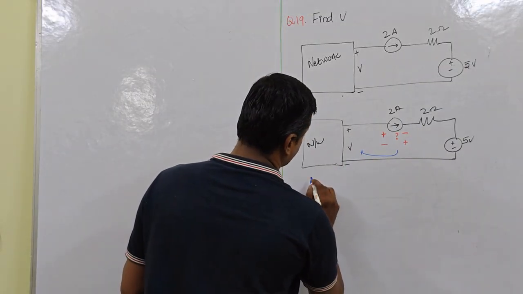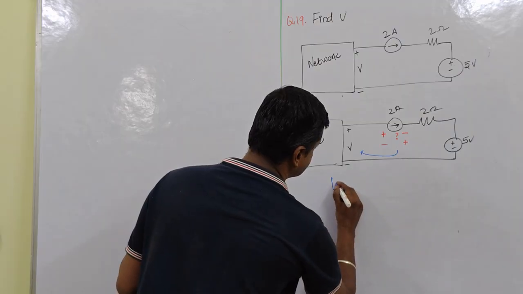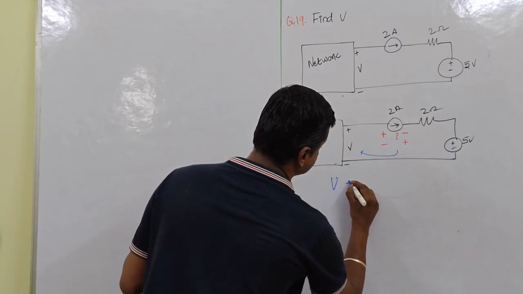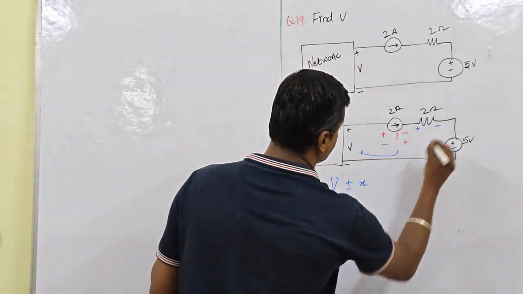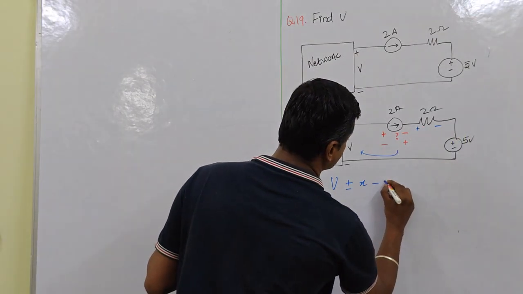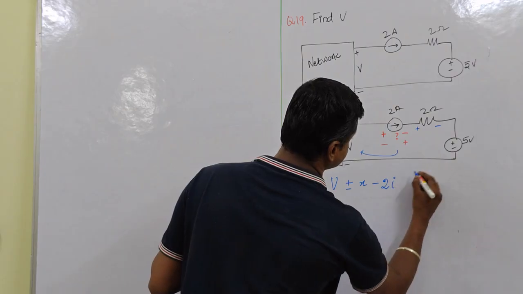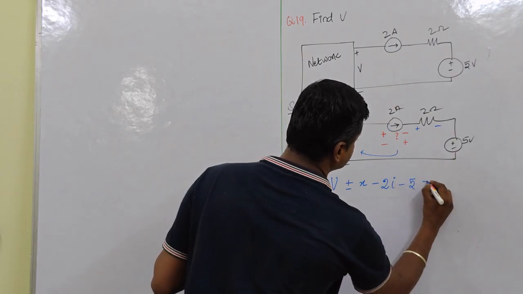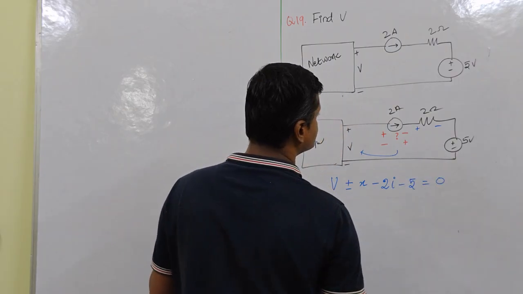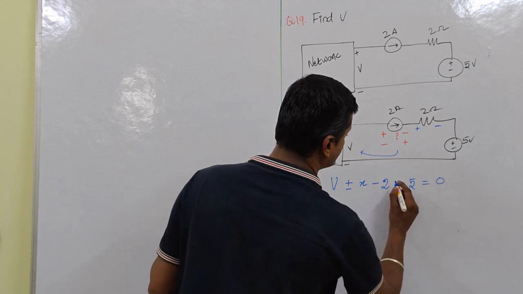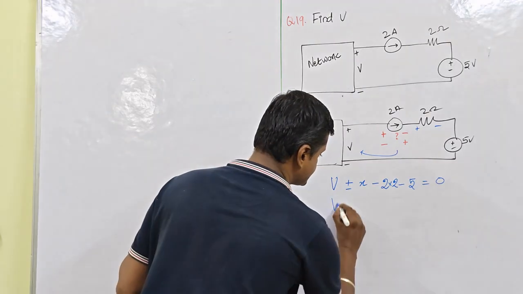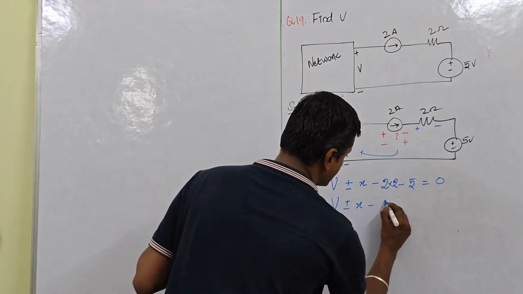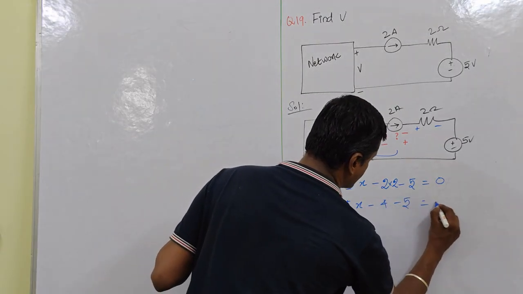Suppose plus or minus X. Then plus minus, so minus 2I and minus 5 equals minus 5. Current 2 into 2 is 4. So plus or minus X minus 4 minus 5 equals 0.